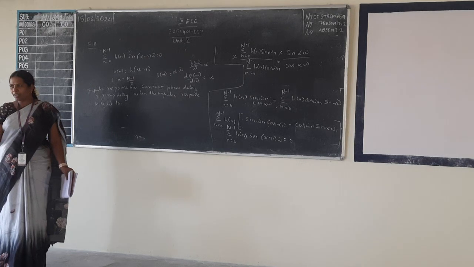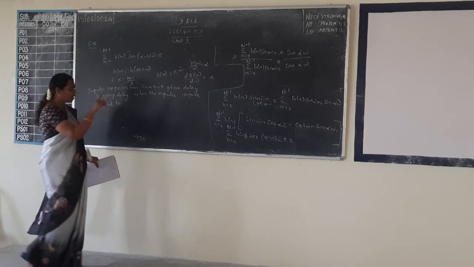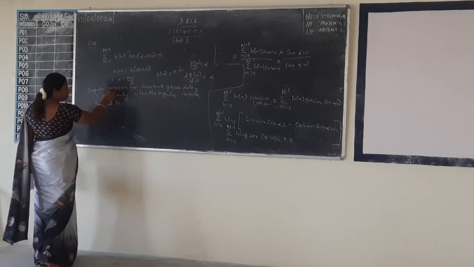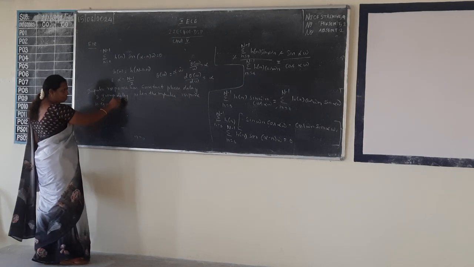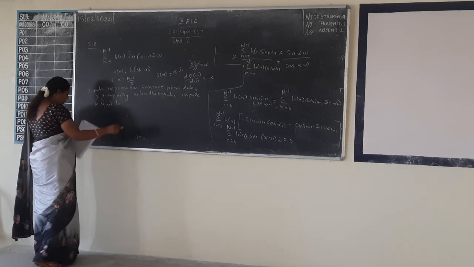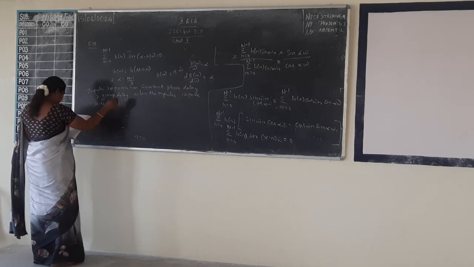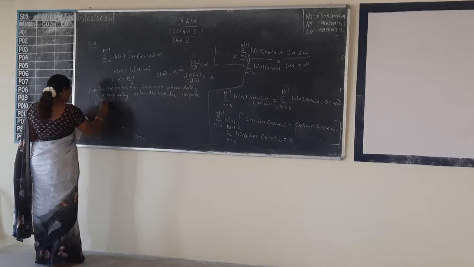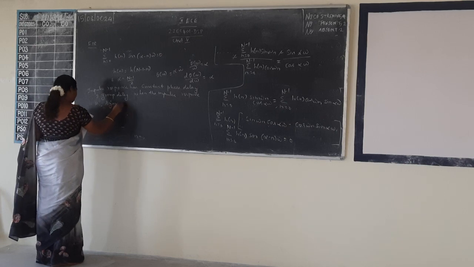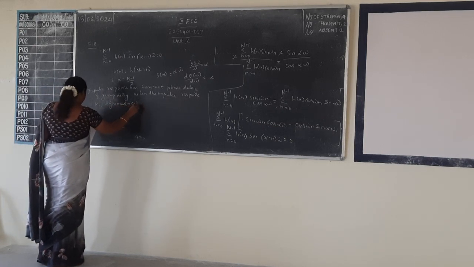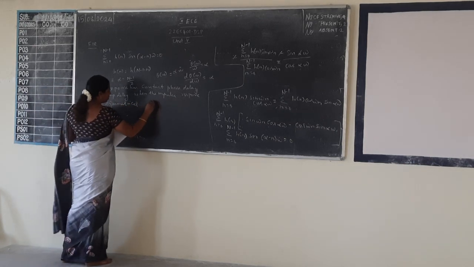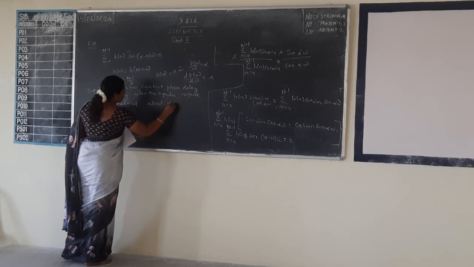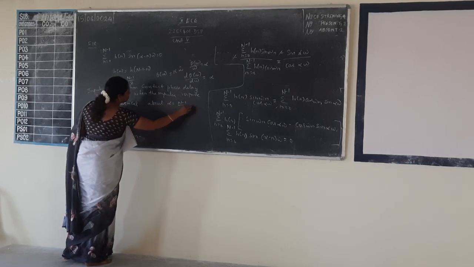So both are equal to alpha. So the impulse response has constant phase delay and constant group delay when the impulse response is symmetrical about alpha equal to n minus 1 by 2.